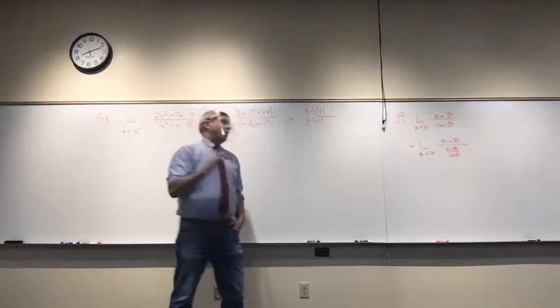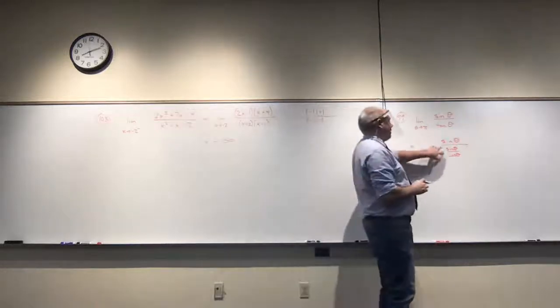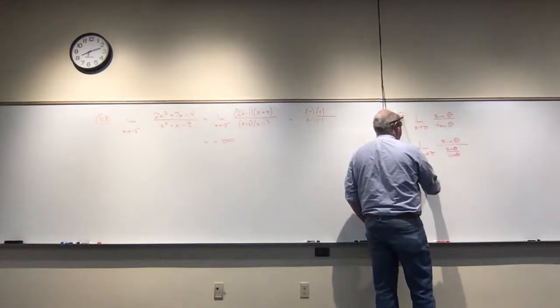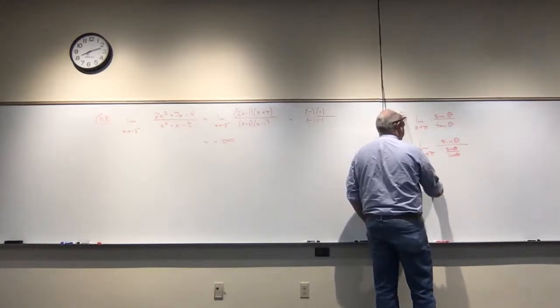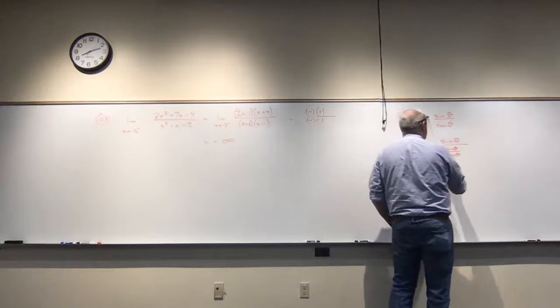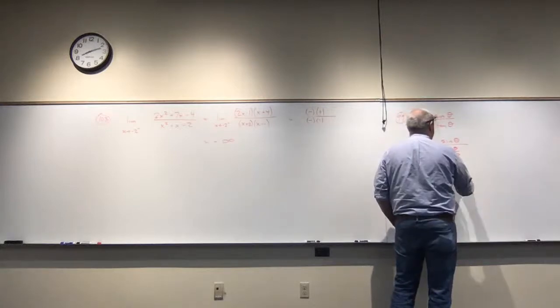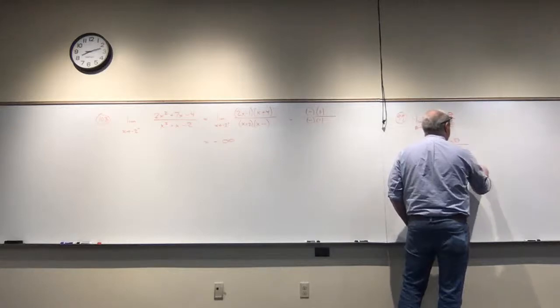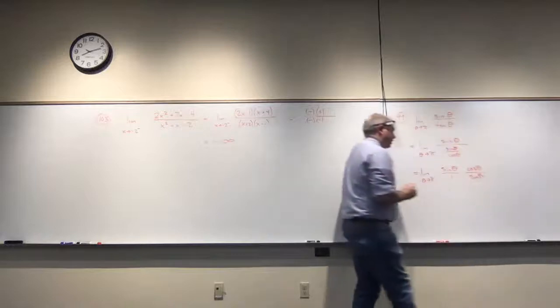So now we've got something divided by a fraction, so I can flip and multiply, and I get the limit as theta goes to pi of sine of theta times cosine of theta divided by sine of theta.